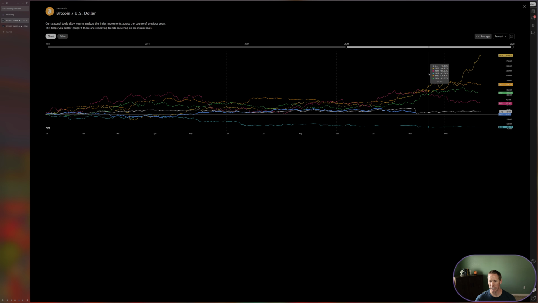And that's one of the key things that I'm looking for from a price action perspective, is to see if we do start trending up.